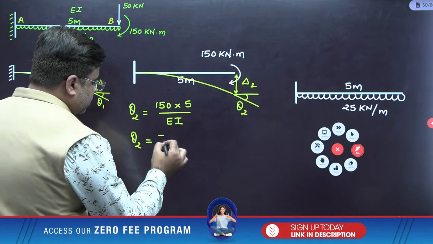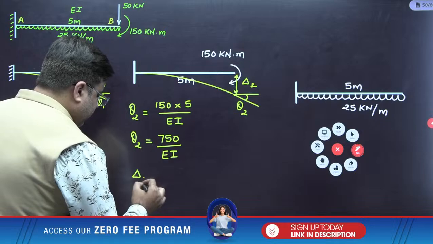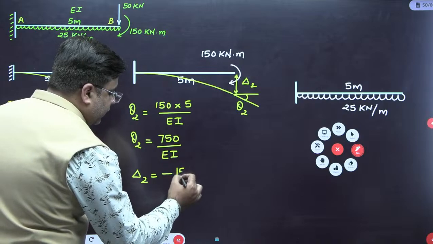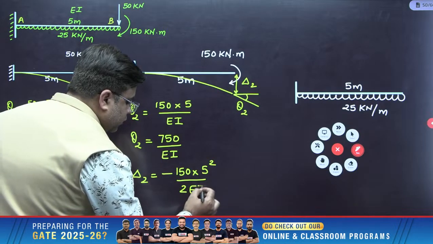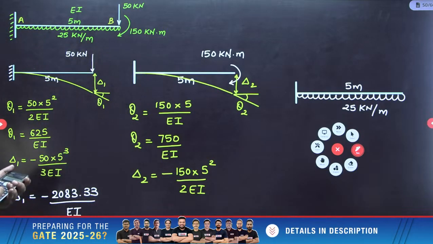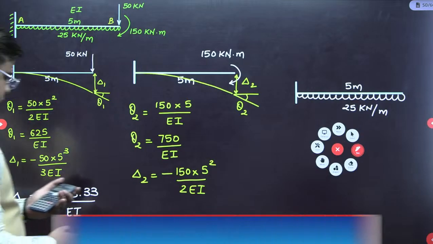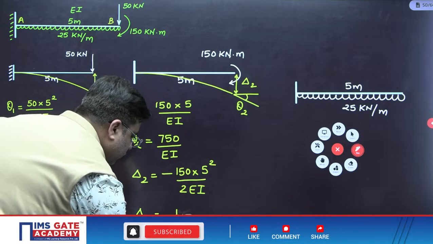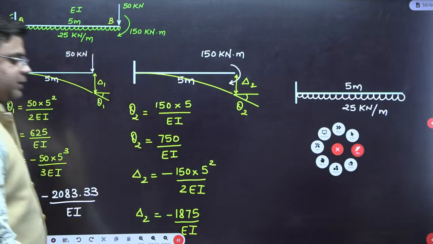Theta 2 is 750 upon EI. Now next is delta 2. Delta 2 is minus ML square upon 2 EI. So minus 150 into 5 square upon 2 EI. Please calculate this. So this is 150 into 25 divided by 2. This will be minus 1875 upon EI.